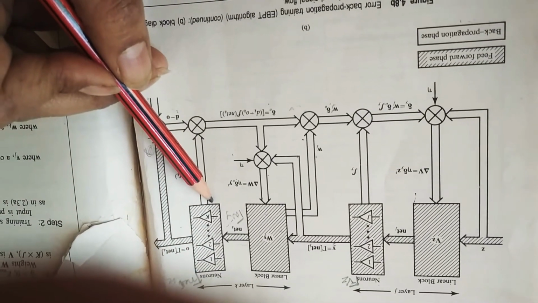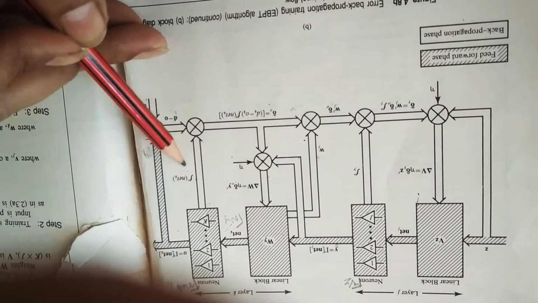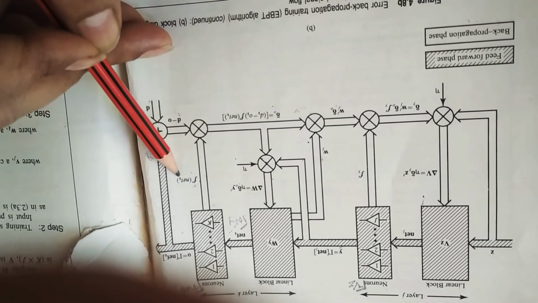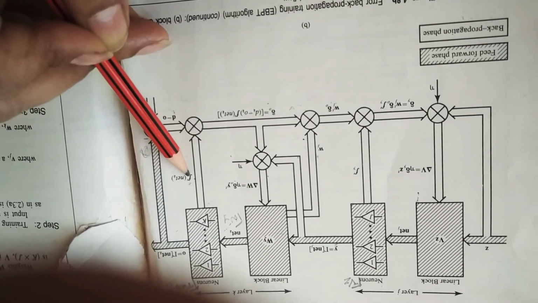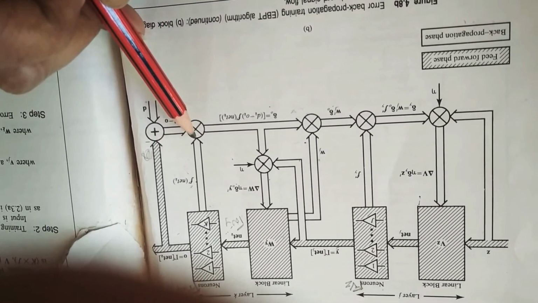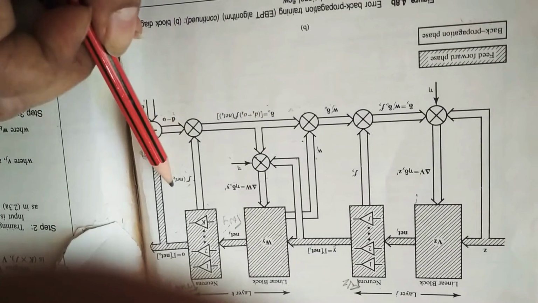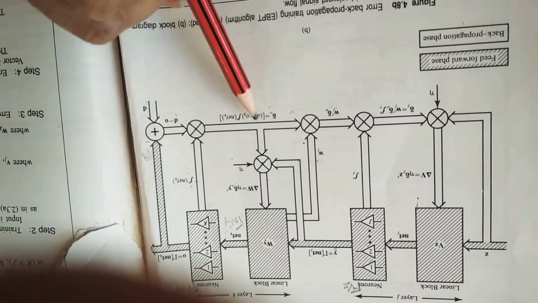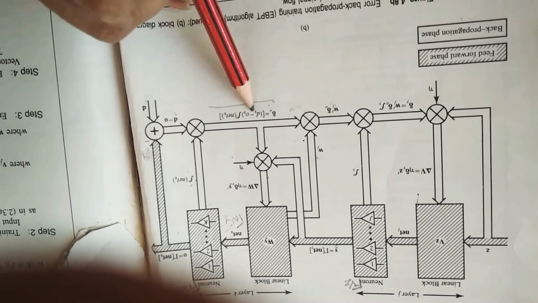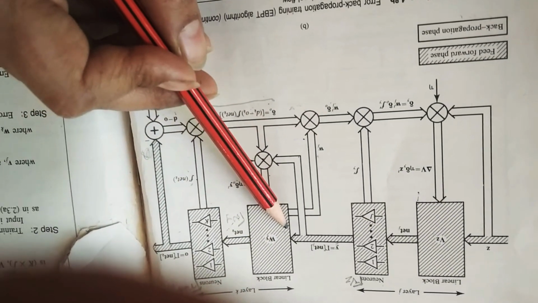As you have learned in delta learning rule, here we will have F dash net. So F dash net is associated with the kth layer, so it is F dash net K. So D minus O is multiplied by F dash net K, and we are having this delta naught as our learning signal to the W vector.